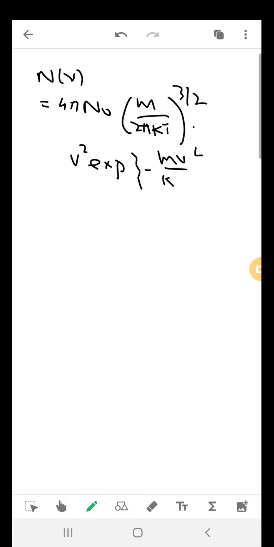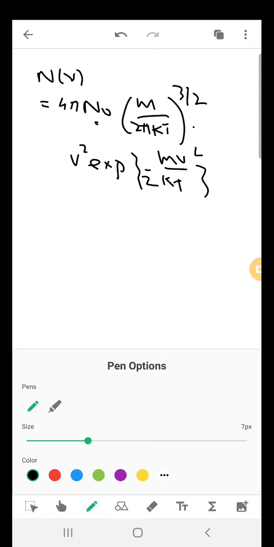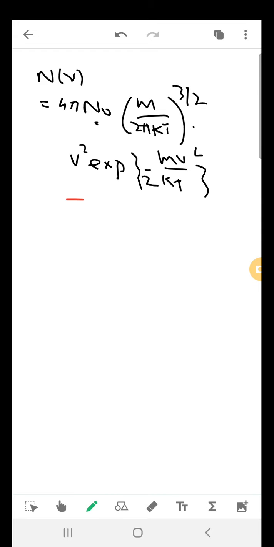This is exactly how it was previously. The only thing is we have replaced n by n0, and we add an extra term here, plus n1 delta v minus v1.